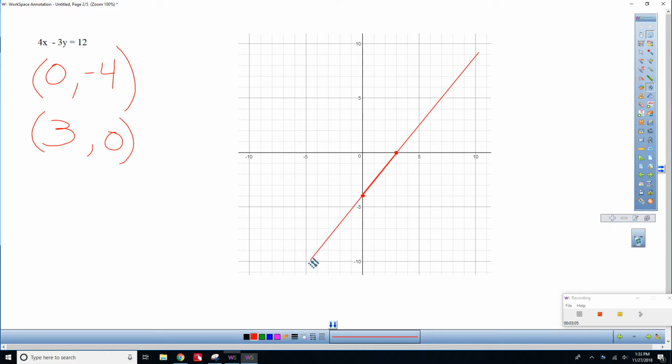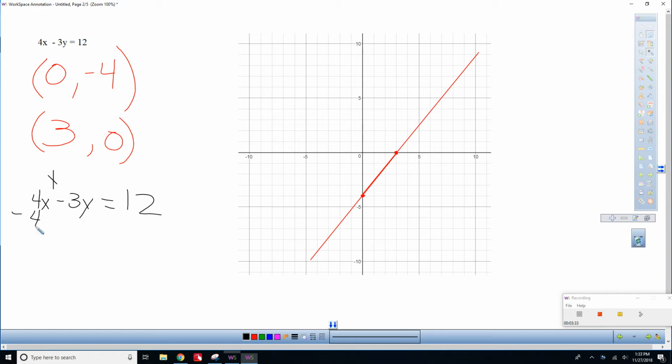Okay? And now I just want to show you something else. Okay, so we already know what this line looks like. Right now I am just showing you a comparison of something else that you know. So I'm going to solve this equation for y.